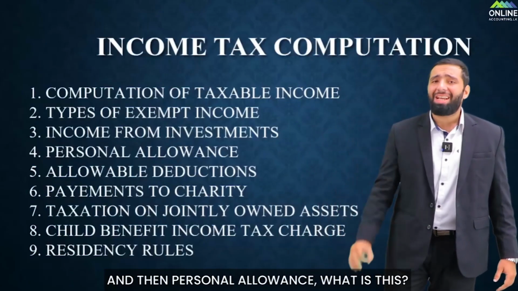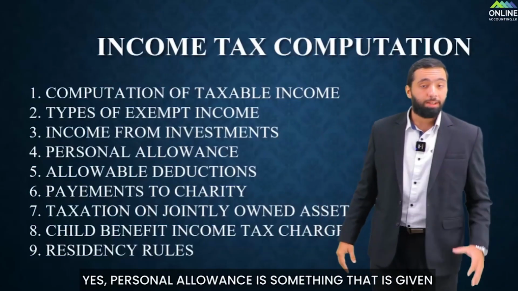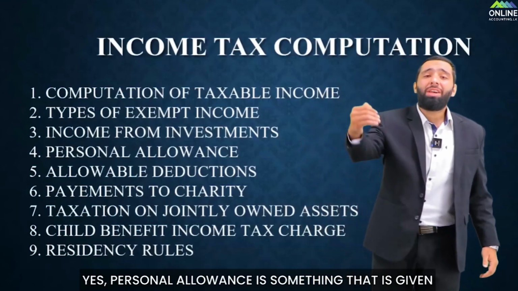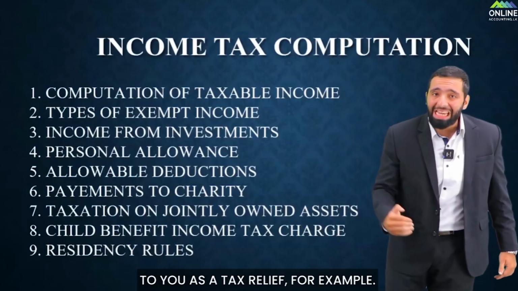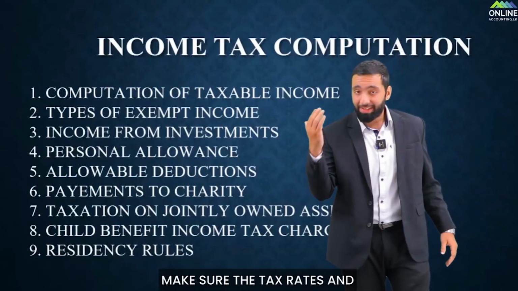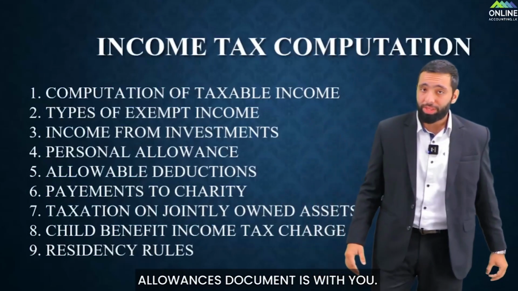And then personal allowance. What is this? Yes, personal allowance is something that is given to you as a tax relief. For example, make sure the tax rates and allowances document is with you.